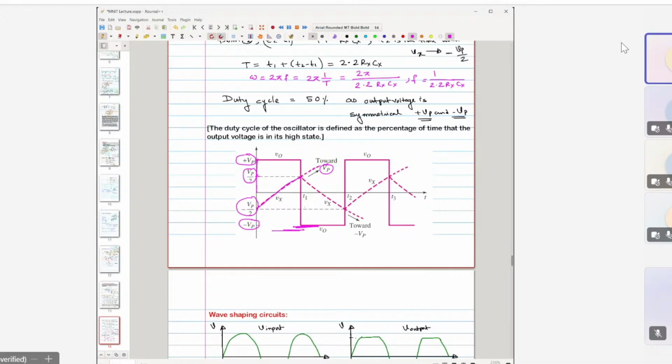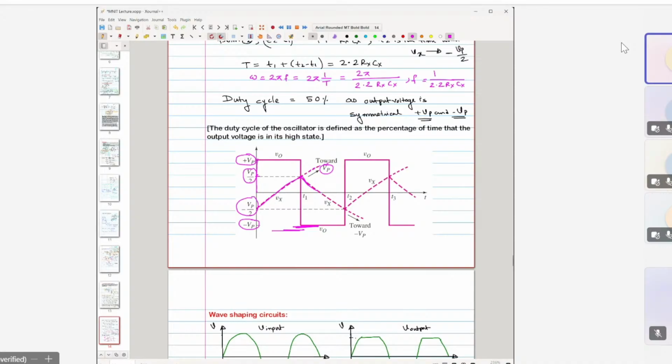When this output voltage becomes minus Vp, what is going to happen to the capacitor? The capacitor would again start losing the charge, means the potential across the capacitor would start decreasing, falling down.